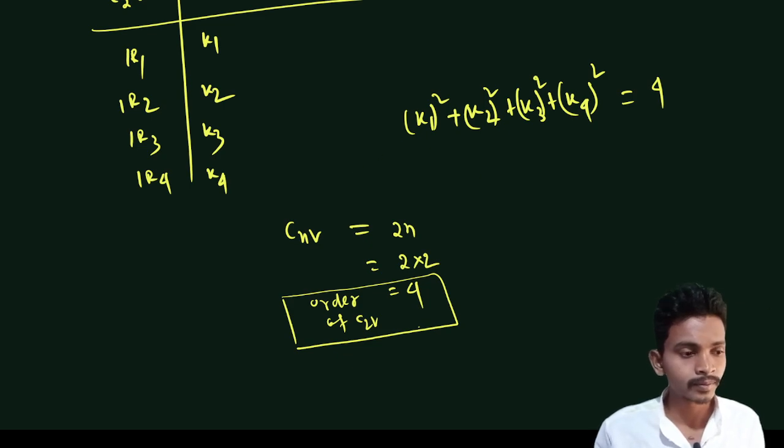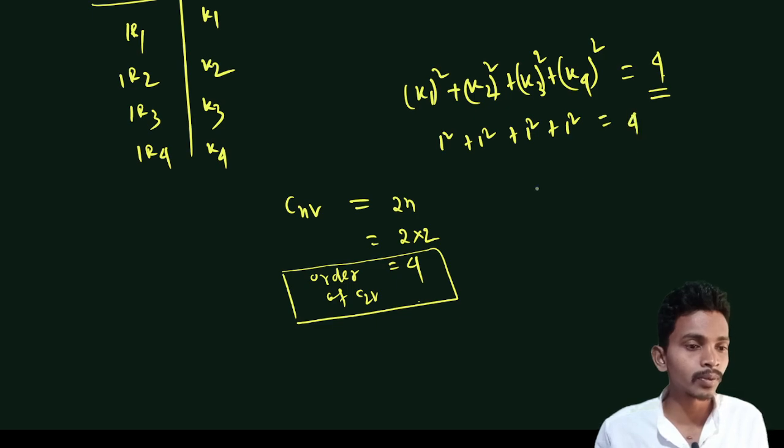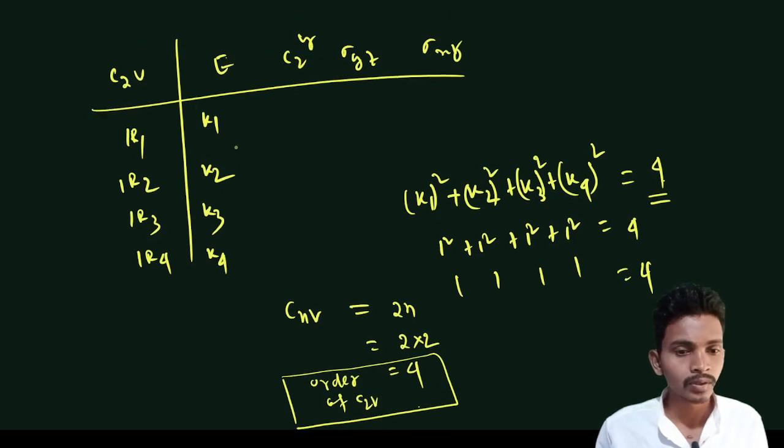So for getting 4, all have to be plus 1 because we need the 4. So this has to be 1 squared plus 1 squared, 1 squared plus 1 squared, then we get 4. It means 1, 1, 1, 1 equal to 4. So all the values have to be 1 to get 4.